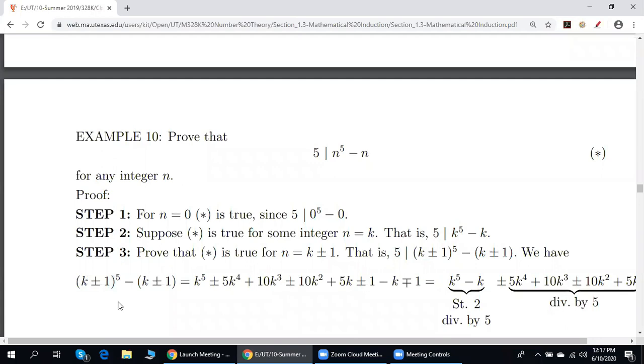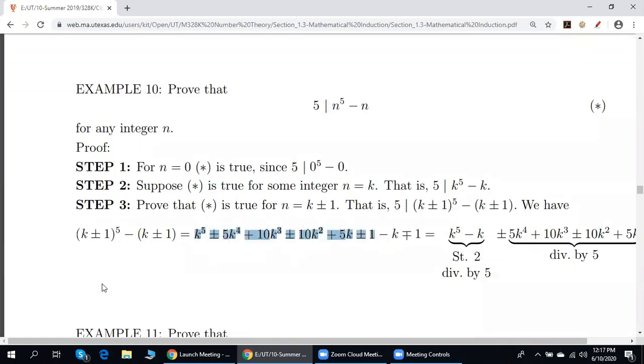And now the general idea is fundamentally the same. We expand parentheses here and expand parentheses here. One can check that if we expand parentheses here, we get this. And now, as before, we cancel out 1. We group together this and this, which is divisible by 5 by step 2.